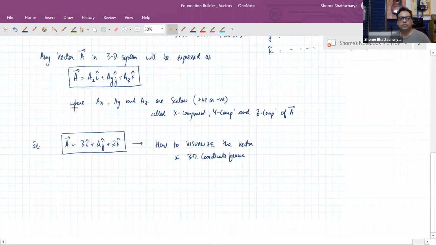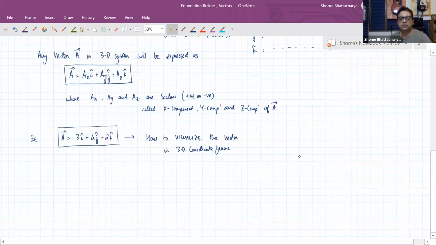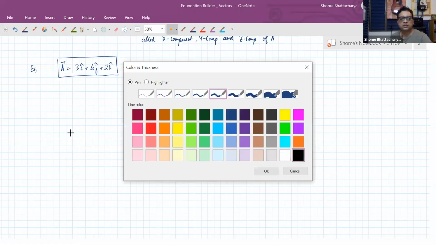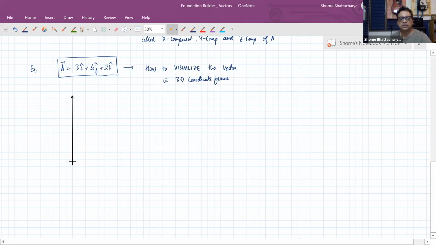So imagine we have drawn our three axes, the mutually perpendicular x, y, and z axes, like this.